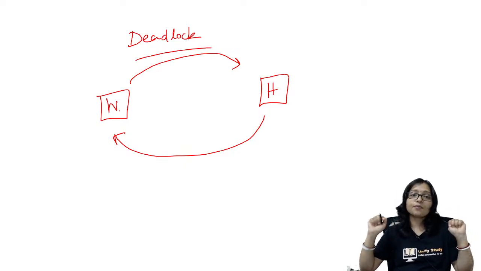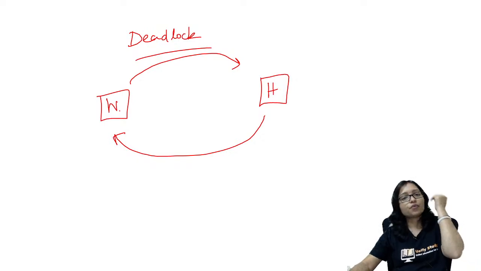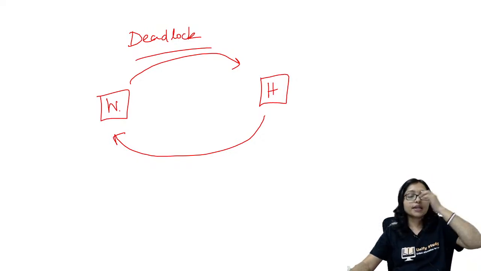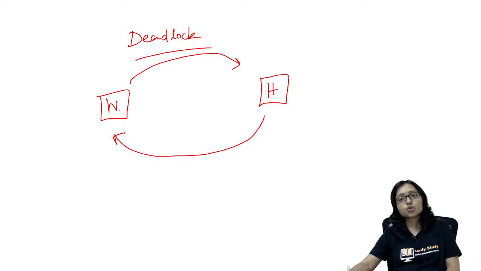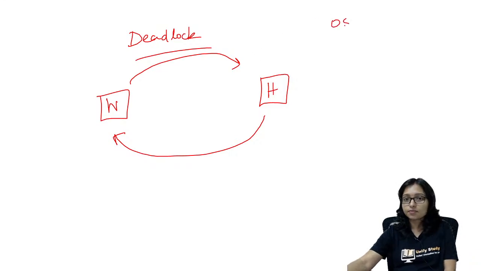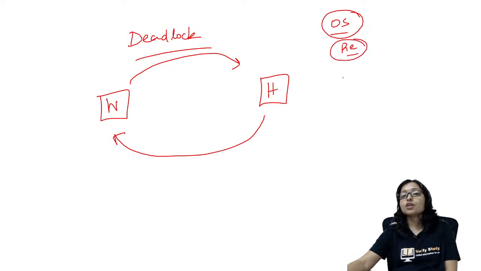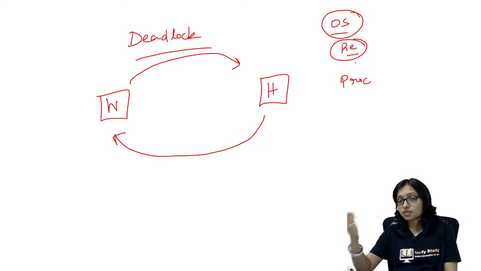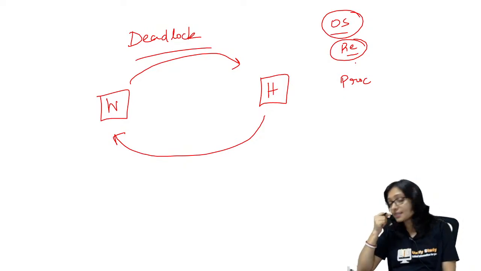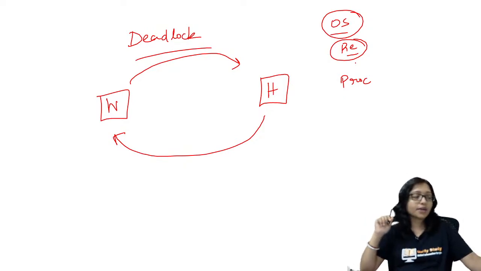And this type of situation will arise in an operating system too, because in an operating system processes share resources, right? Some processes are sharing resources. How are they sharing? Say you have only one pen.